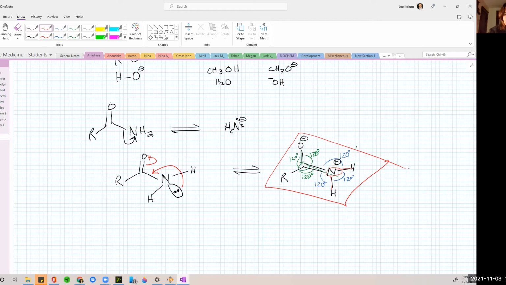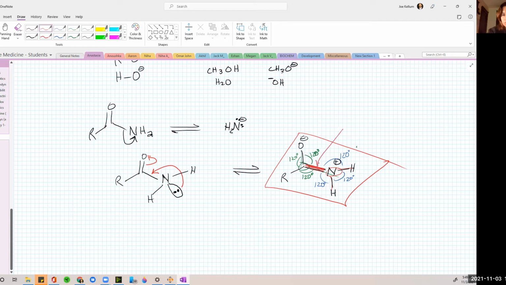I've seen this on several questions in the past, and that's going to have a lot of relevance if it's in some sort of ring, where it's going to mess up the ring quite a bit. But in terms of why this is the least reactive of the carboxylic acid derivatives, this is not an insignificant resonance structure.